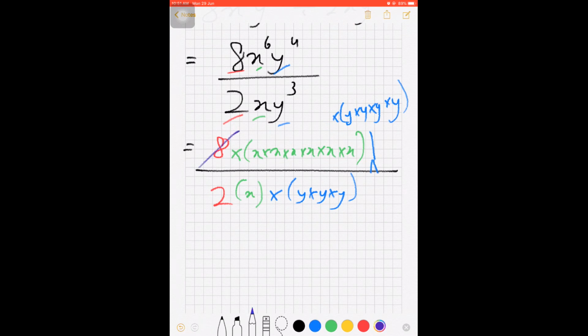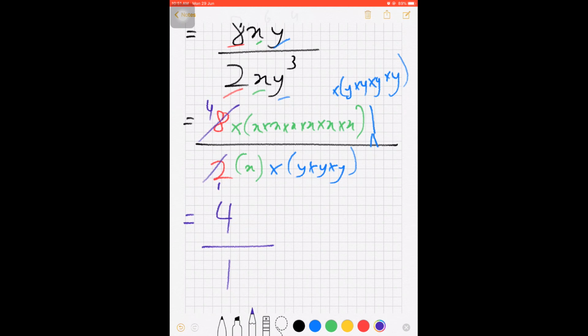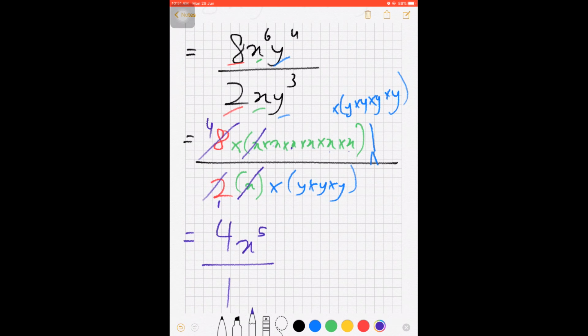Potong-potong je. So 8 bagi 2 ni 1, ni 4. So tulis 4 bagi 1. Okay, then x. Here's 1, potong 1. So tinggal berapa kat atas ni? 1, 2, 3, 4, 5. So it's x kuasa 5. For y, potong, potong, potong, potong, potong, potong.